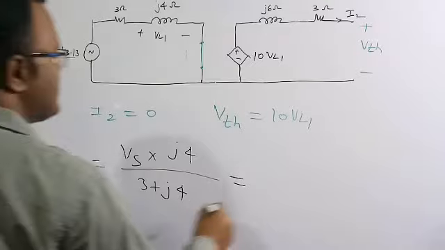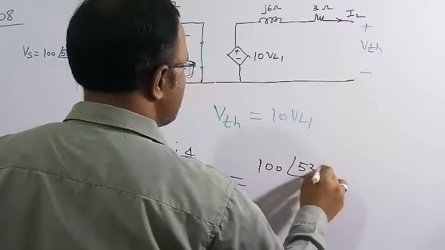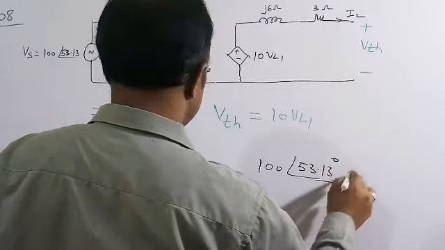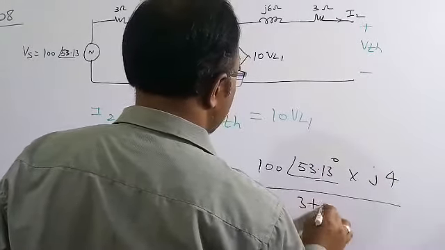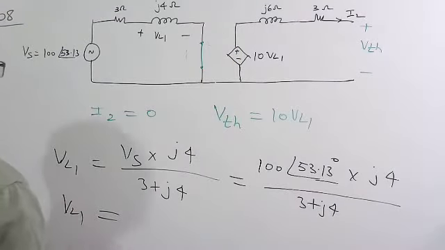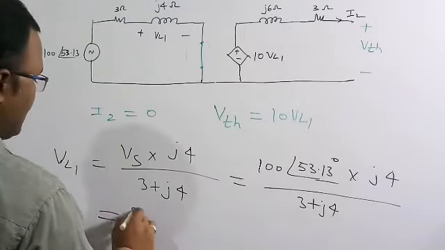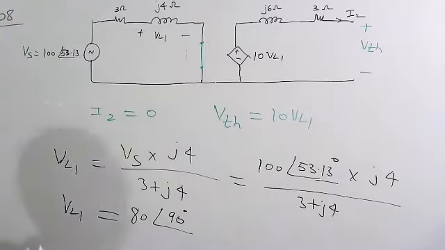VS is equal to 100 angle 53.13 degrees, into j4 by 3 plus j4. If you do the simplification, VL1, the voltage drop across the inductor j4 ohm, we will get 80 angle 90 degrees.